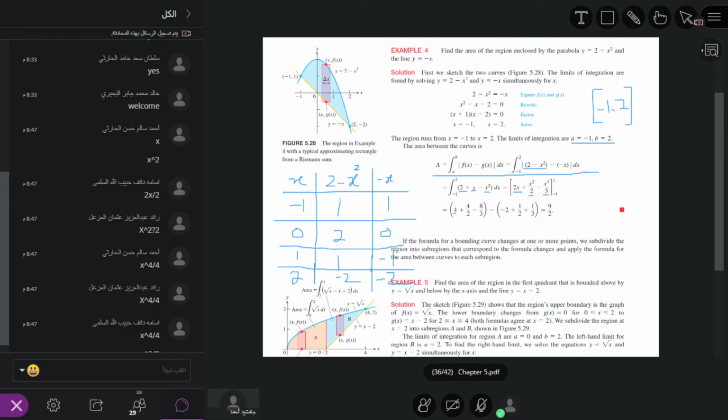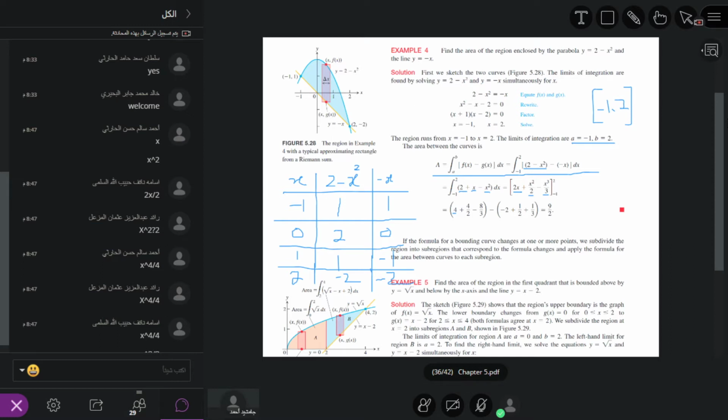I again repeat, here are two functions. One is the parabola 2 minus x squared. The second function is minus x, which is the line.